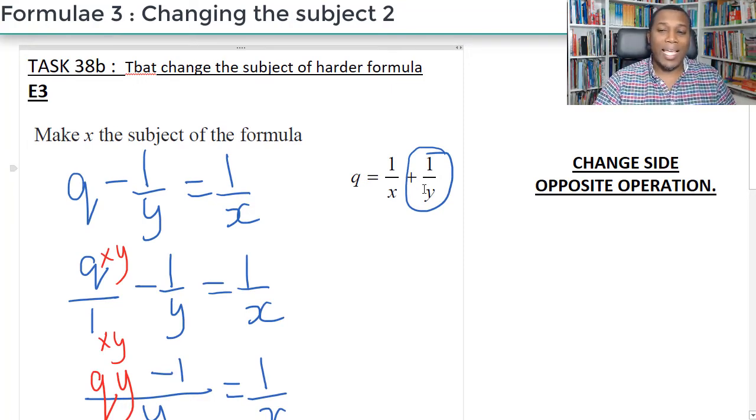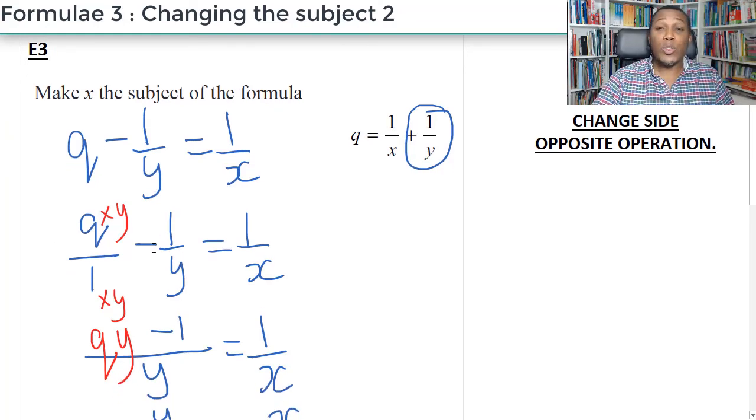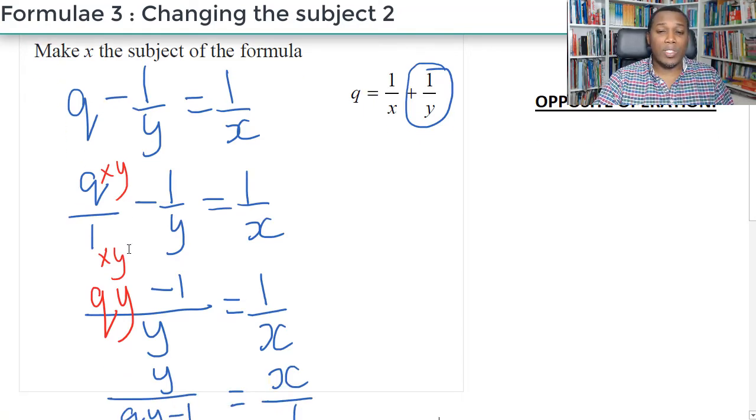We don't want to do that, so we want to move the plus 1 on y to the left, so it becomes minus 1 on y. Then we have two terms on the left, or the subtraction. We want to make it one single fraction, so we need to actually perform the subtraction. The only way you can subtract fractions is if the denominators are the same. So we have identified y as the lowest common denominator.